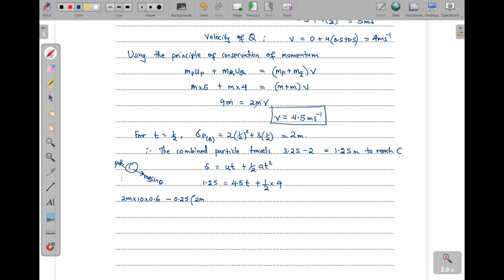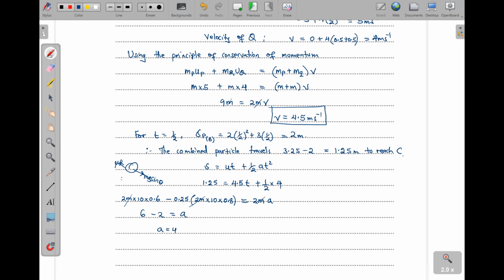So this is 2m because it is one combined particle. Then g, then the cosine was 0.8. And this one is equal to the combined mass, and then a. Of course, this 2m will go everywhere. So this one will give you a 6. Then here you will have 8 times that 0.25. It will give you a 2. Then it's equal to a. Do you see that the acceleration is 4? Acceleration is still 4. So that is that.